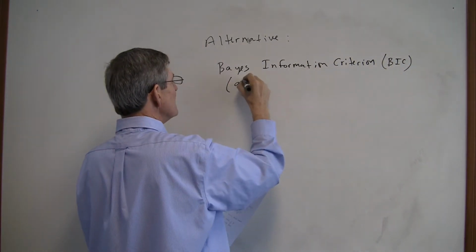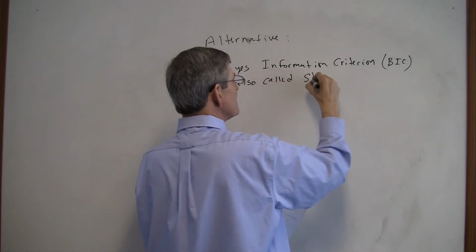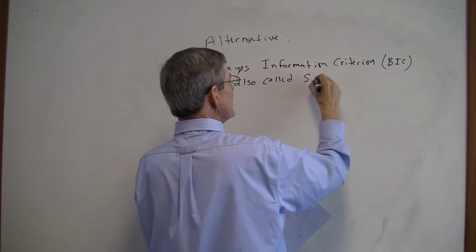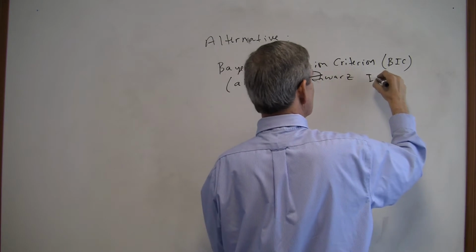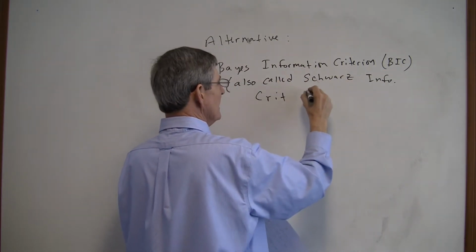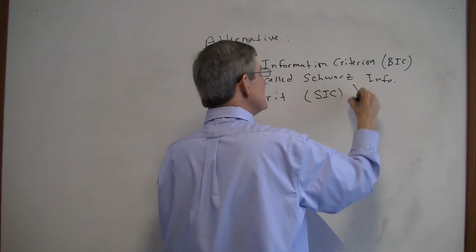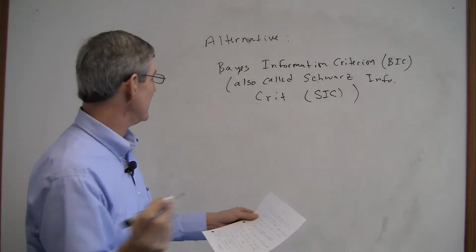It's also called the Schwarz information criterion, in which case it's the SIC. So you see it designated both as the BIC and the SIC. It's exactly the same thing.